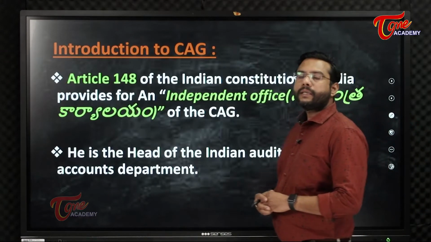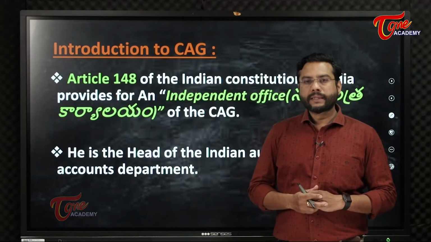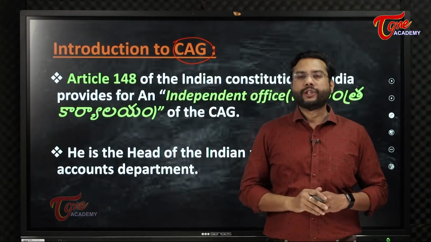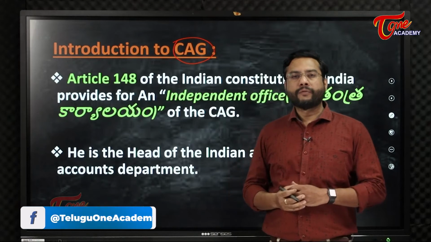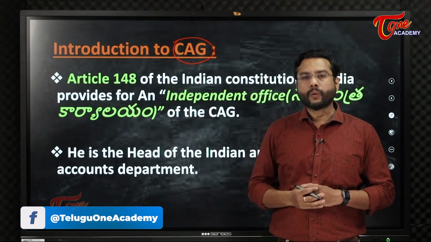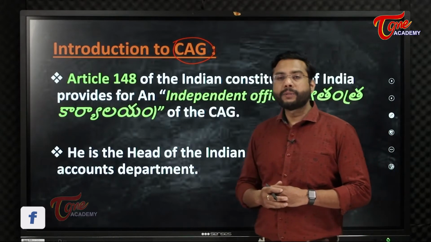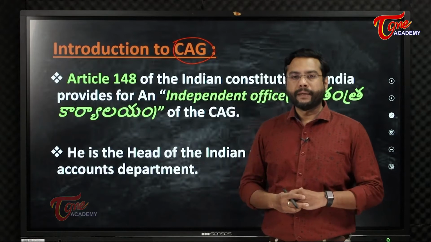Just to introduce the Comptroller and Auditor General, one thing we need to understand is the word CAG, that is Comptroller and Auditor General. It's an office of the British. When the Britishers were ruling us, we had a Comptroller and Auditor General. But there is a difference between the CAG of India and the CAG of Britain.